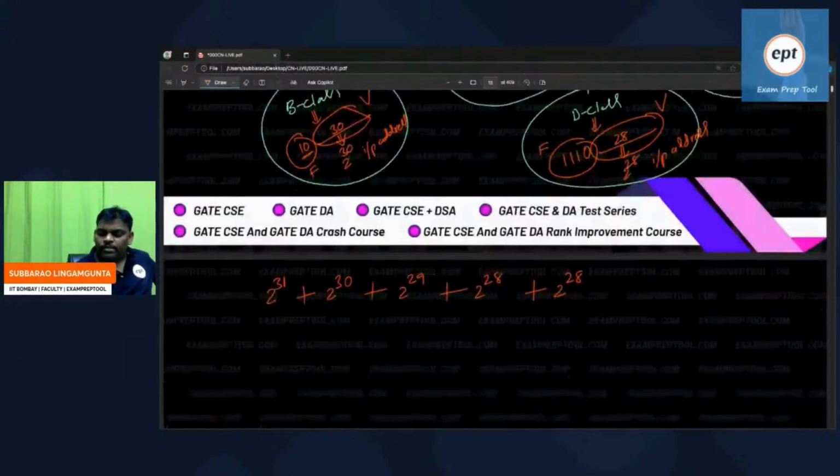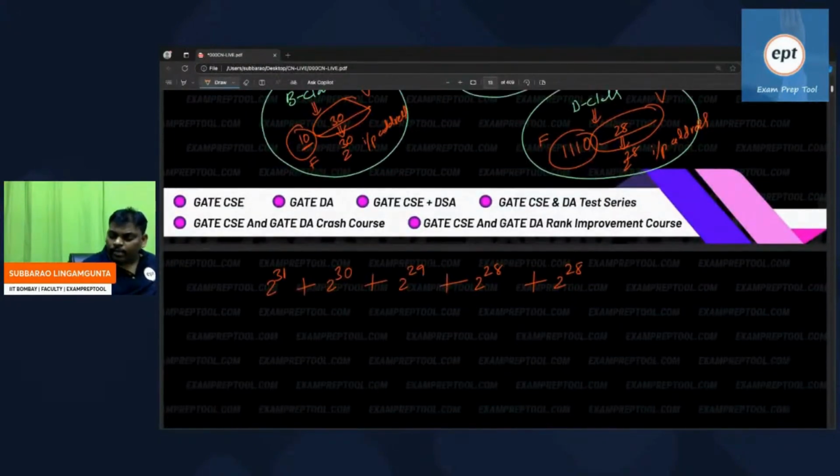Now let me add this. Everything I will write in terms of 2 power 28. It is 2 cube into 2 power 28, 2 square into 2 power 28, 2 into 2 power 28, 1 into 2 power 28, 1 into 2 power 28. 2 power 28 is common.